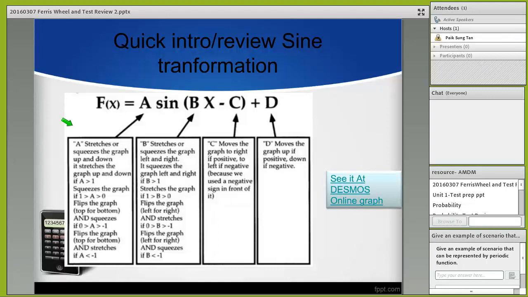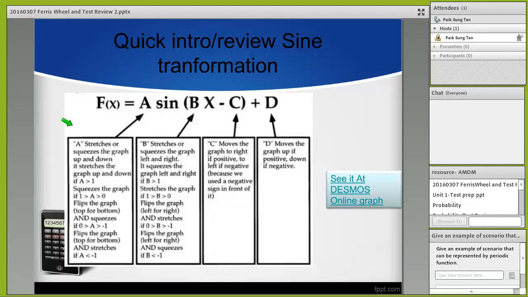It flips the graph top for bottom and squeezes it if A is between 0 and -1, because it's a negative number, and because it's a number between 0 and 1. So it flipped it and it squeezed it too. It flips the graph top for bottom and stretches it if A is less than -1.